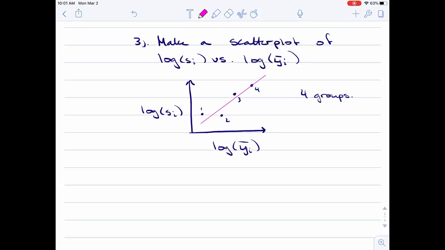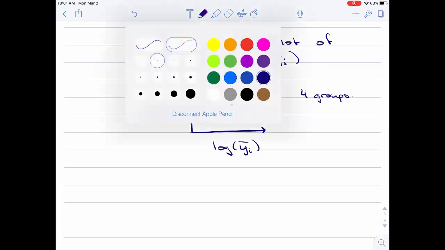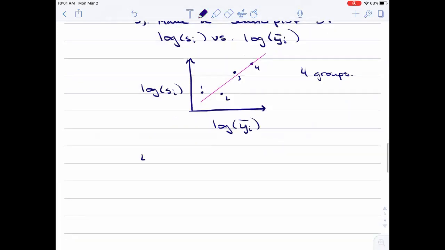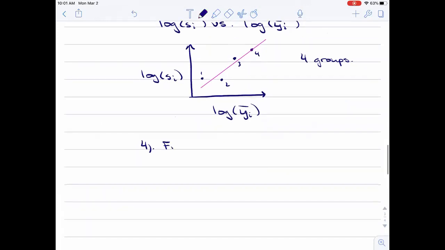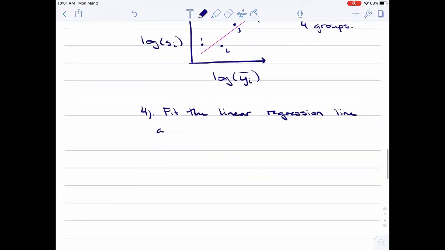Might go something like this. So step 4 is fit the linear regression line and find the estimate for the slope.